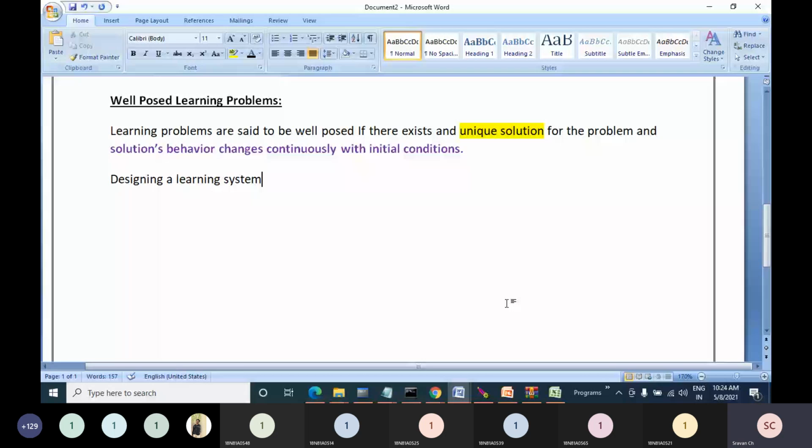When we study neural networks, you will come across this word, initial conditions. So learning problems are said to be well posed if there exists a unique solution for the problem, and the solution behavior changes continuously with initial conditions. This is the meaning of well posed problems, right?